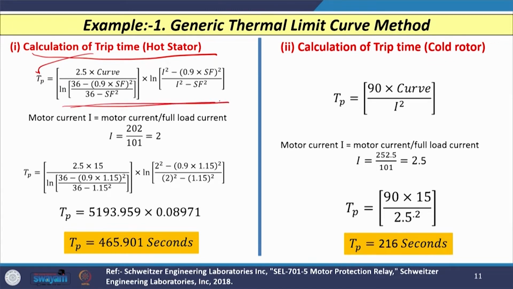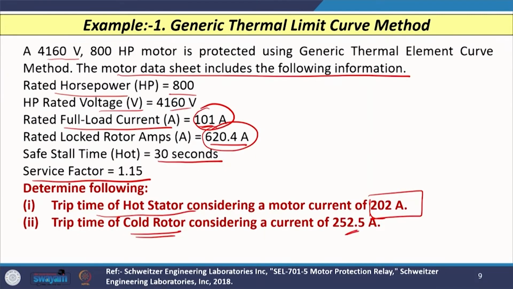In this equation we need to calculate the value of this I. This I is the ratio of motor current to full load current. The motor current is already given as 202 ampere, and we need to calculate the trip time of the hot stator.